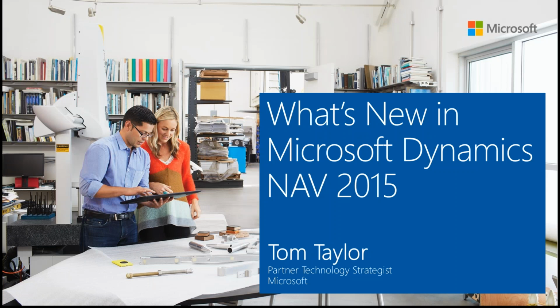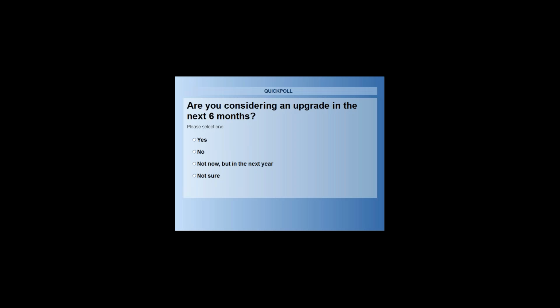on NAV 2015. And then a follow-up to that poll is what will be coming up on your screens right now. Are you considering an upgrade in the next 6 months or perhaps even in the next year? So if you could take a second to answer that, please.